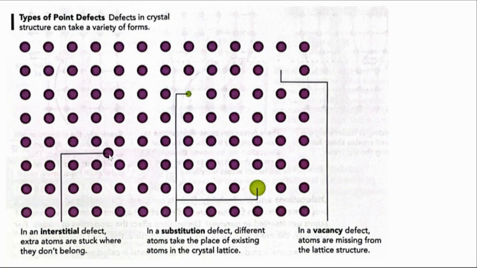Whereas a substitution defect can be an atom that is smaller compared to the bulk atoms, and it has been substituted in the crystal lattice in a place where an atom should be. Or in this case, it is a larger atom than the bulk atoms, but again, it's been substituted in place of an existing atom within the crystal structure. And then a vacancy defect is when atoms are missing where they should be in the normal lattice structure.